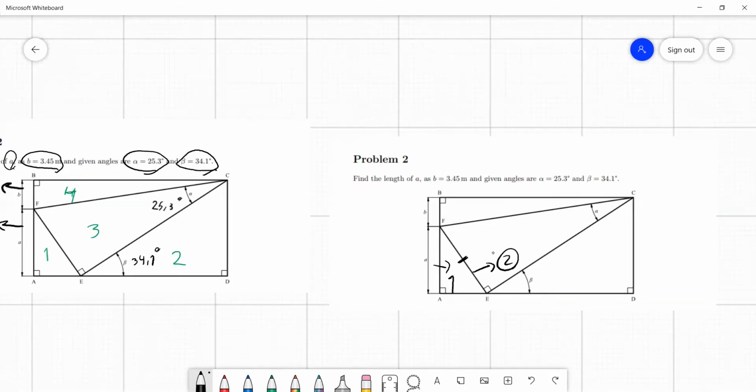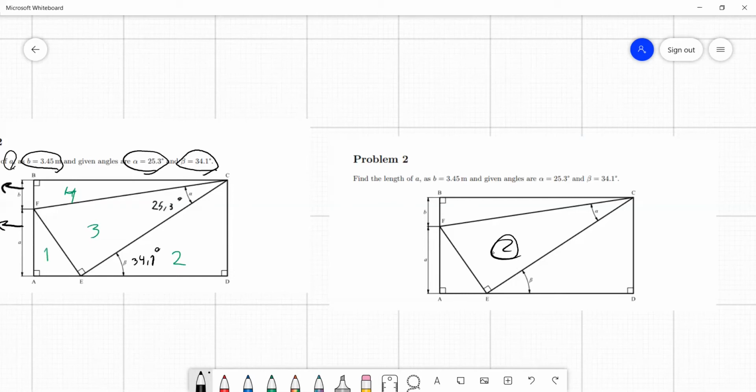So the hypotenuse of triangle number one is the base of triangle number two. So we can rephrase our sentence: in order to find the hypotenuse of triangle number one, we need to find the base of triangle number two. Okay, so now we are focused on triangle number two. Forget about triangle number one for the time being.